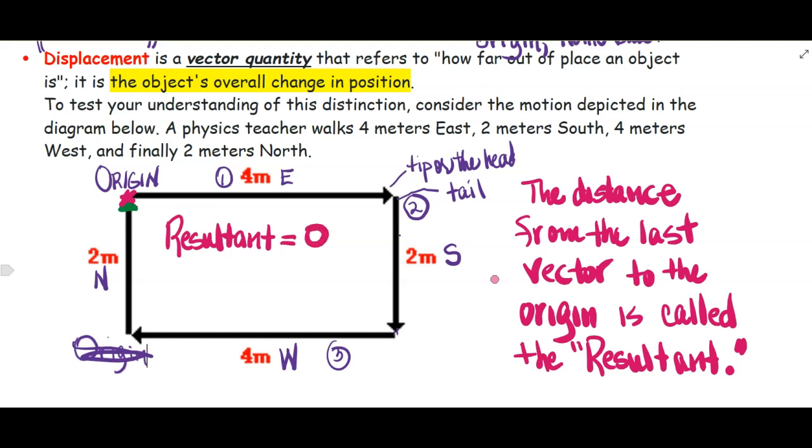The resultant shows the displacement from where we started. So you standing at the origin, and then at the end, you and your flag were standing at the last one, and that distance from the flag to the origin was the displacement. So we had a more complex one than the one this teacher is showing.